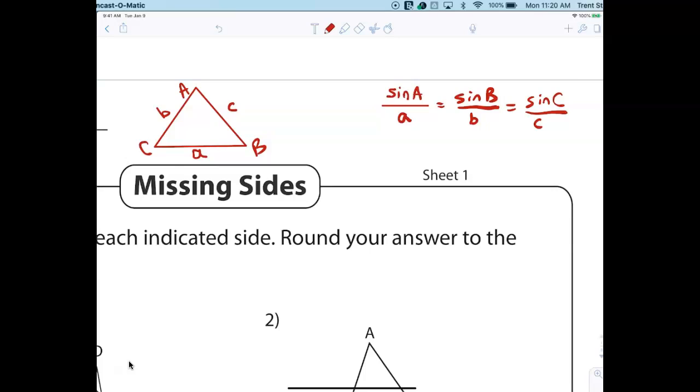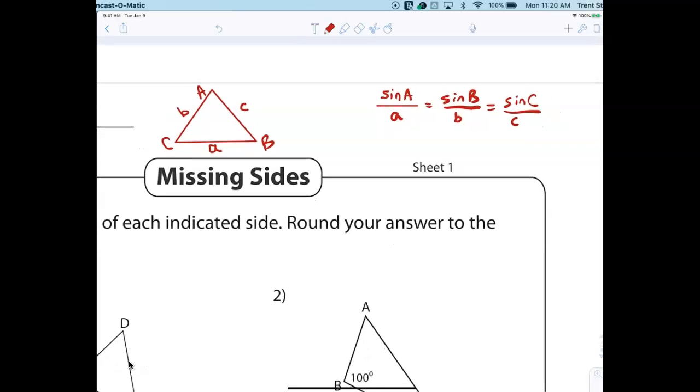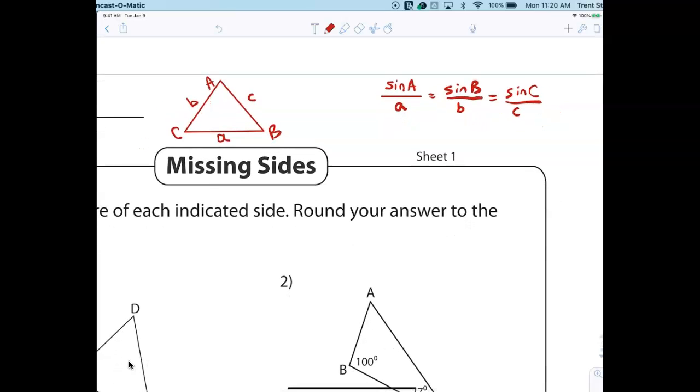Now, does anybody remember from last week, if I'm trying to find an angle, what do I use? Inverse. Thank you very much. If you're looking for the side, you have to use the trig function, and in this case, we're going to use the sine. Tomorrow we will use the law of cosines.